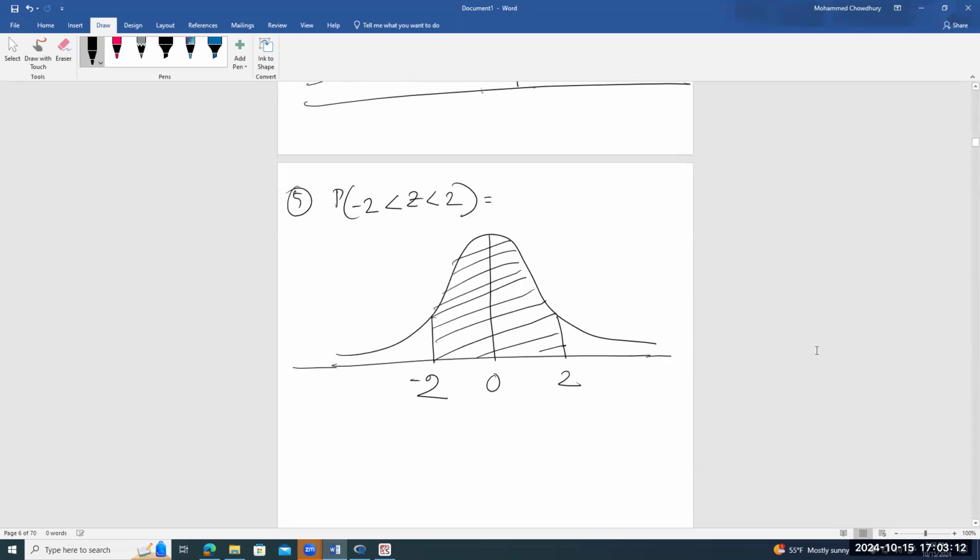So how can I find that? This can be obtained as probability of z less than 2 minus probability of z less than -2.